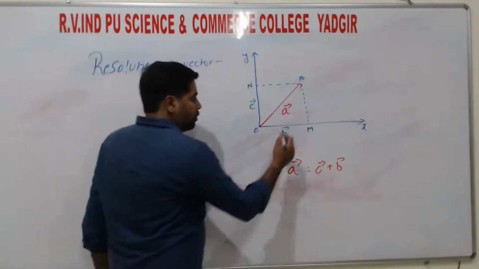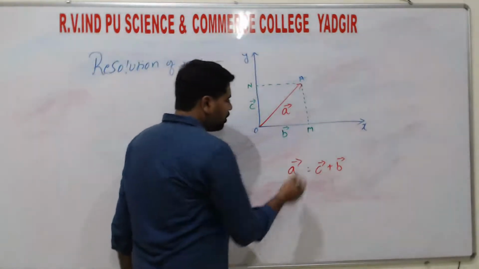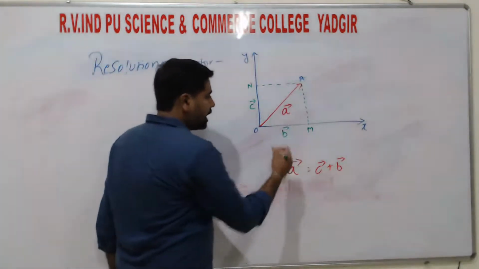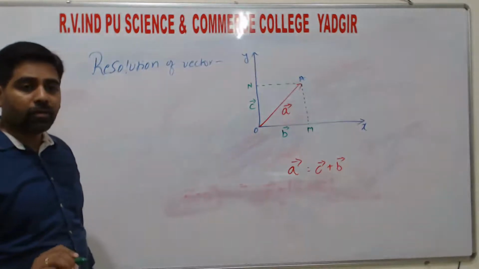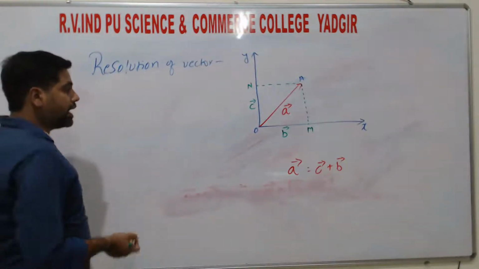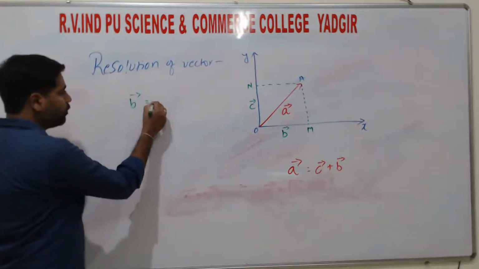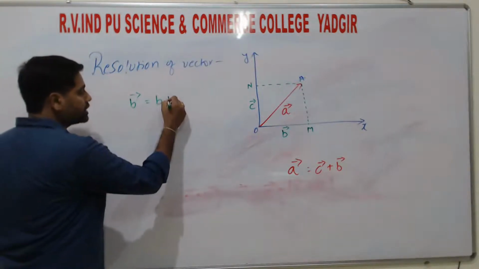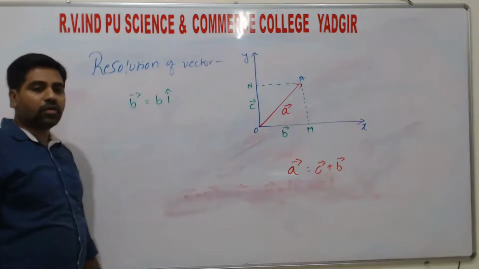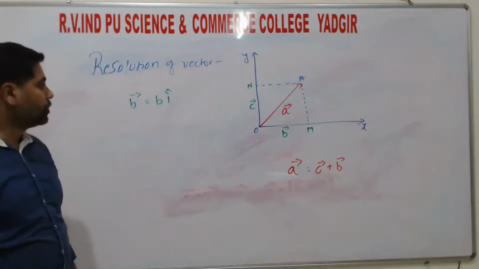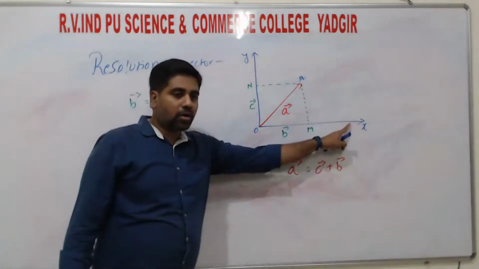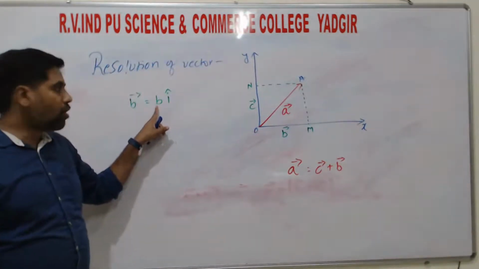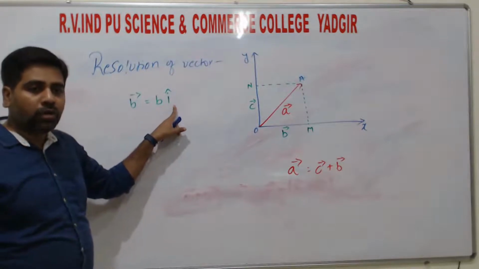For this vector B, that is OM, it has magnitude B and it is along the x-axis, so it is represented by modulus of B into i cap.